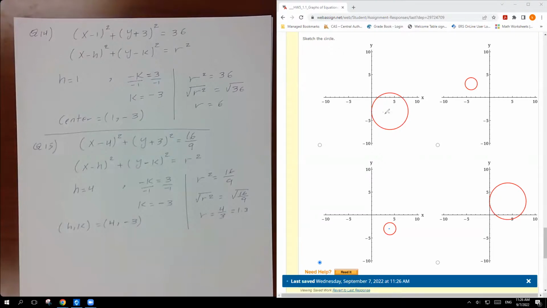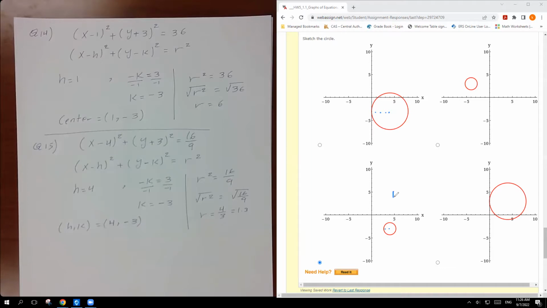The distance between the center and this point is going to be 1, 2, 3, and let's say a half. So you see the distance? In this example, the distance is going to be 1 and a small space. Because our radius is 1.3, this one is the radius. That means this is the right choice.